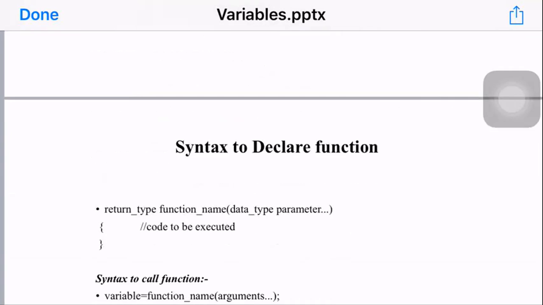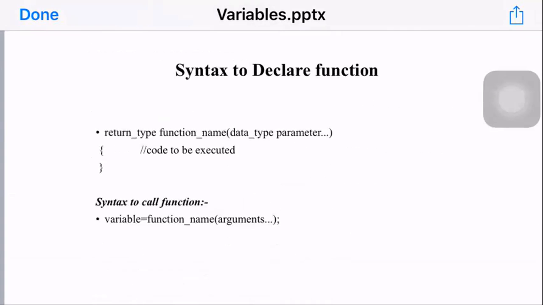Now coming to the syntax to declare the function: first we indicate the return type. Next we give a function name, and in the parentheses we give a data type or a parameter.